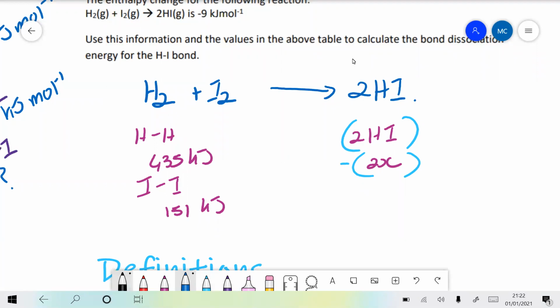During our last lesson, we also said that delta H of the reaction equals bond breaking plus bond making.